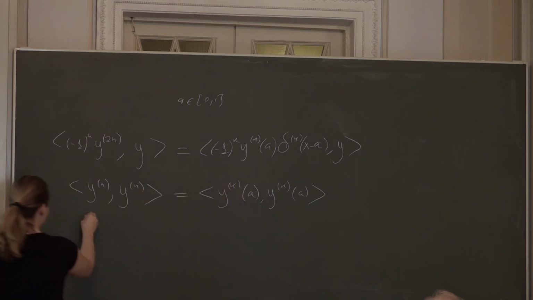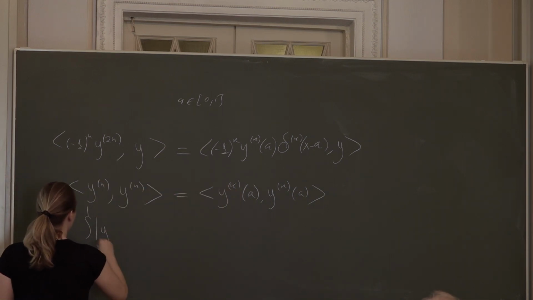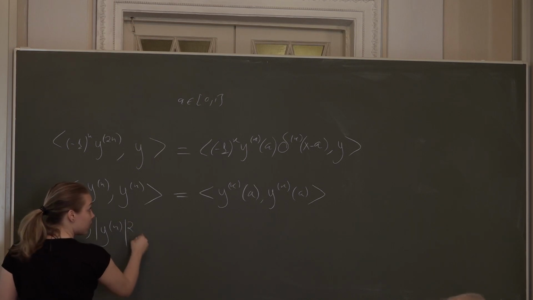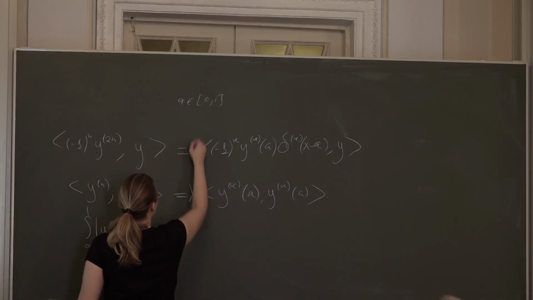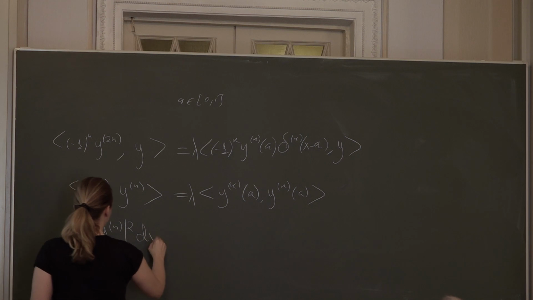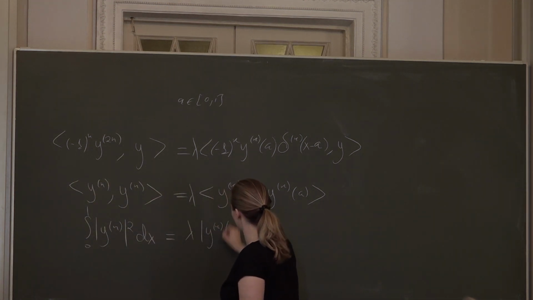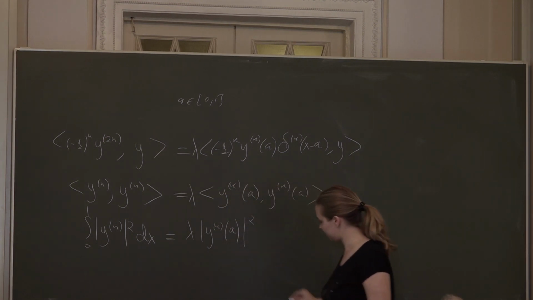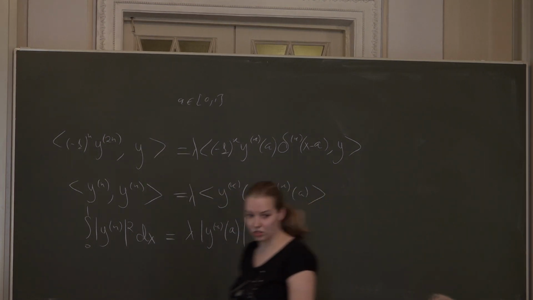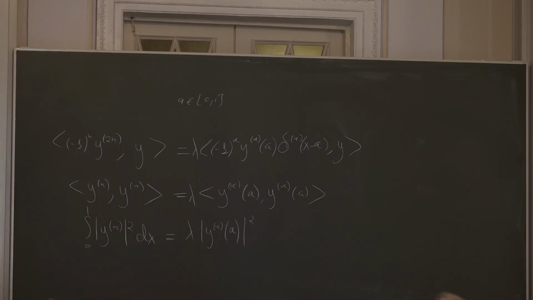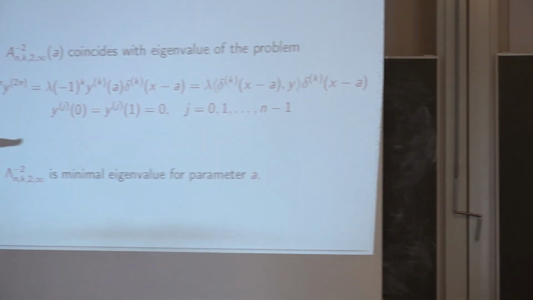Like this. Spectral problem. Okay, so now our embedding constant to the power of -2 is the minimal eigenvalue, which depends on a.